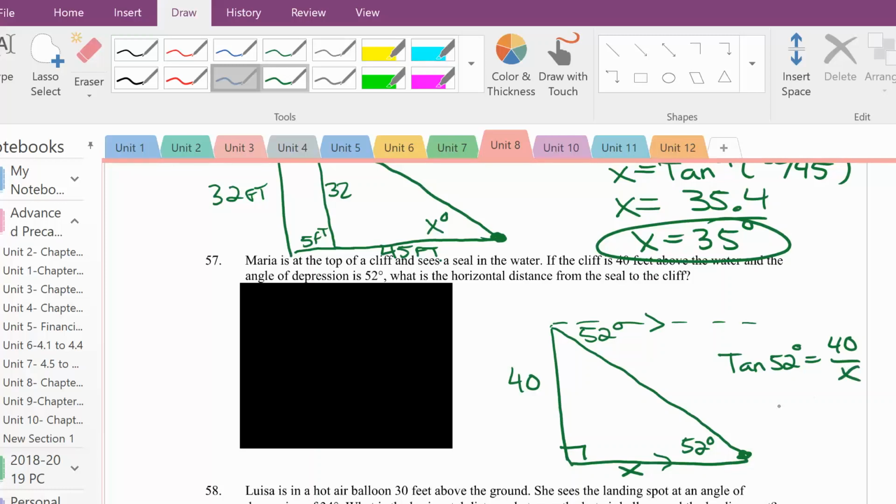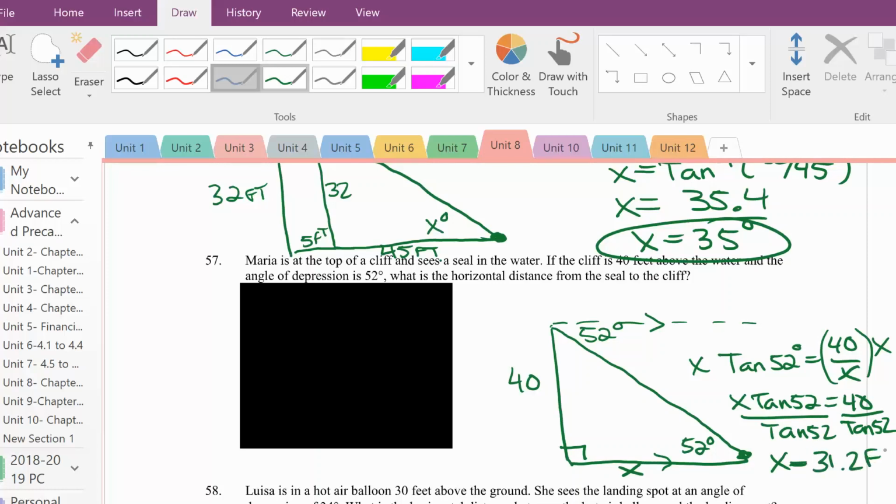Then we multiply by x to get rid of the fraction. Divide by tangent 52. And we get x equals 31.2 feet.